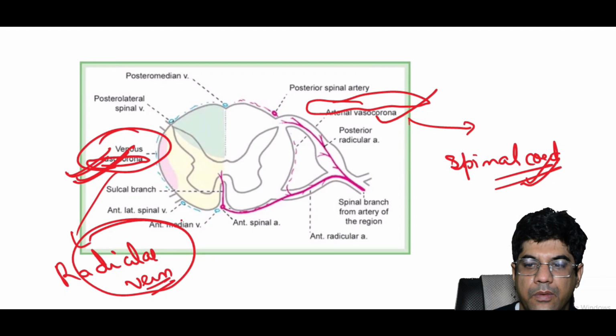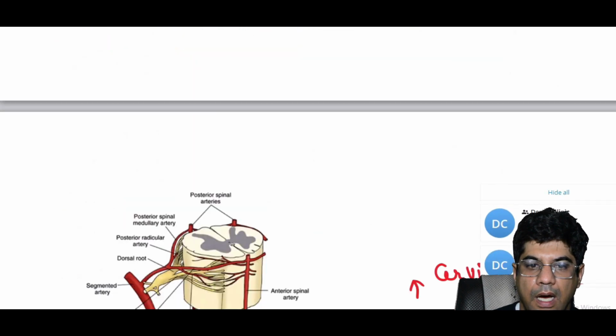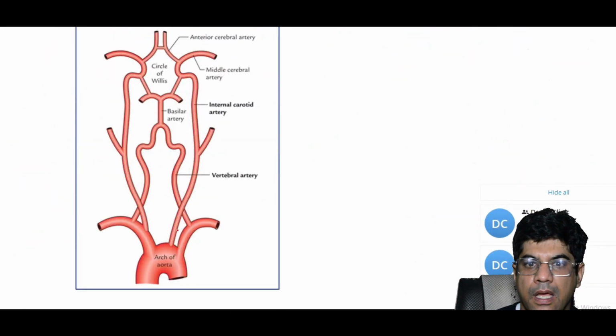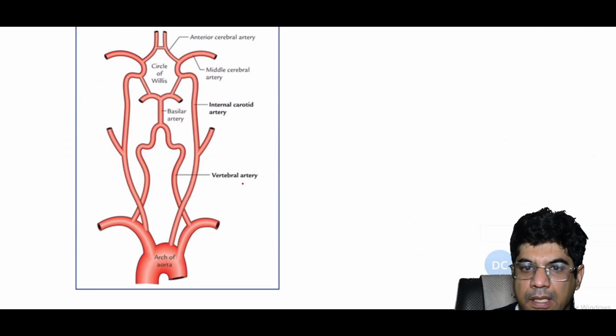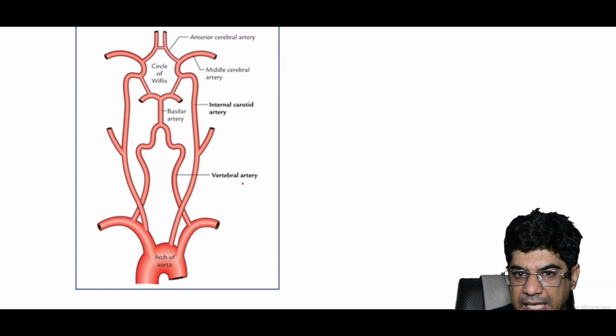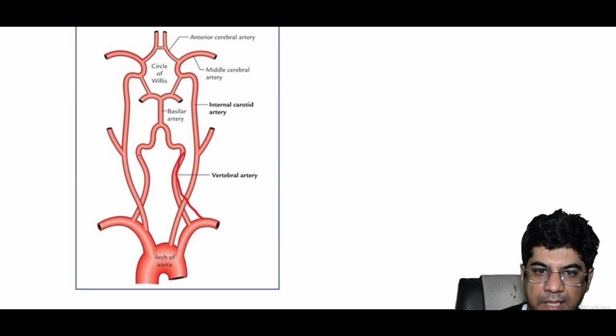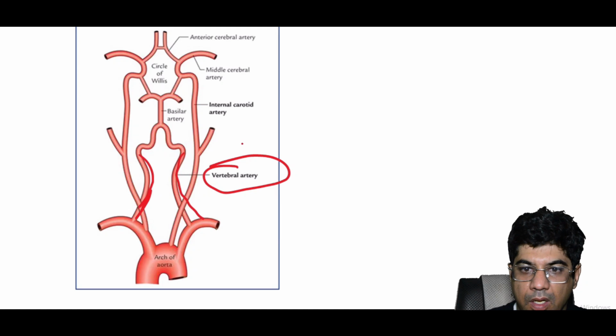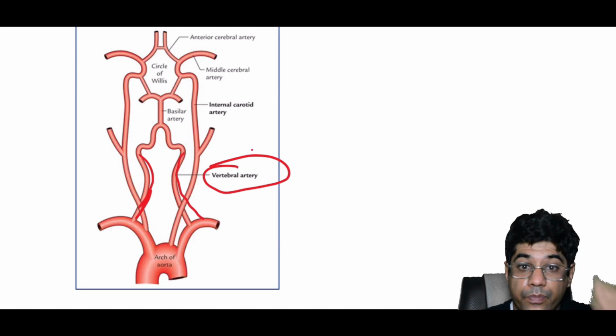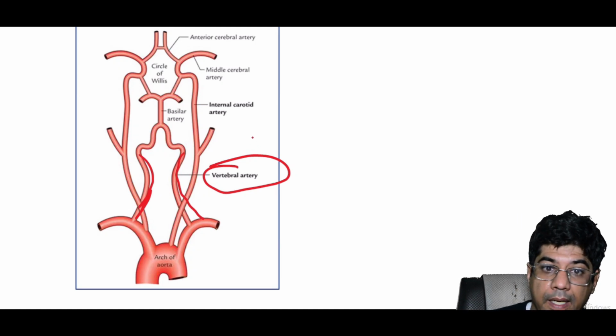Now let us discuss the arterial supply of the brain. Well, the brain, remember, receives blood supply from the two vertebral arteries. So this one and this one, these are the two vertebral arteries, and along with that we have two internal carotid arteries.